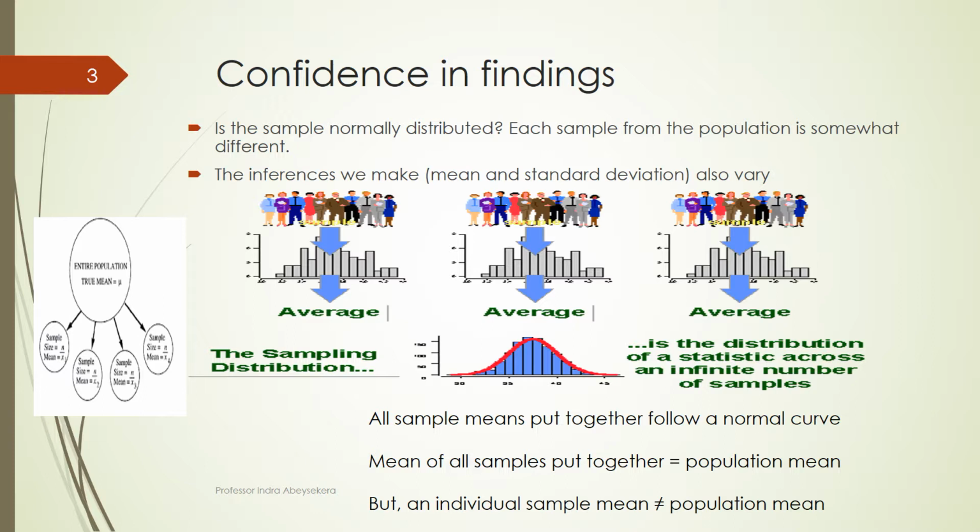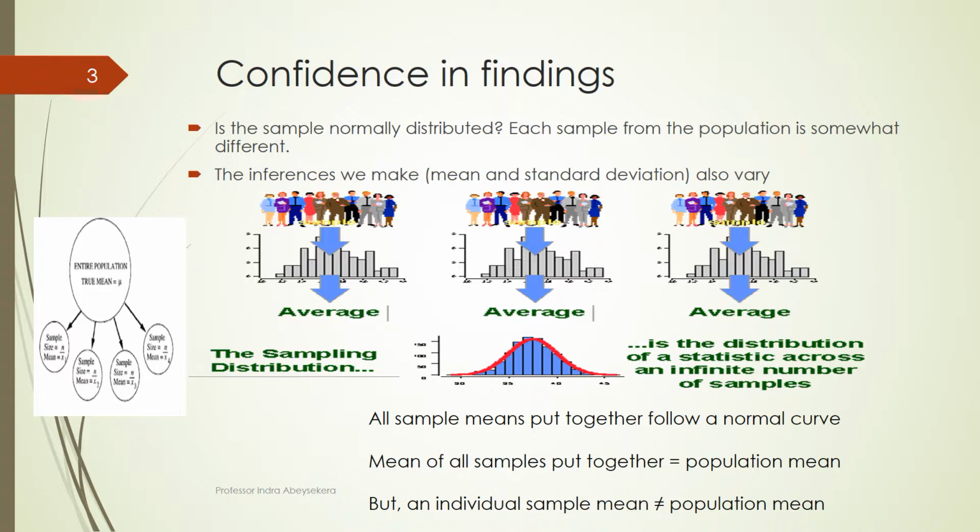What we mean by that is, because one sample is just one representation of the population, we need to take so many samples of the population to find out whether the means of the population are normally distributed.